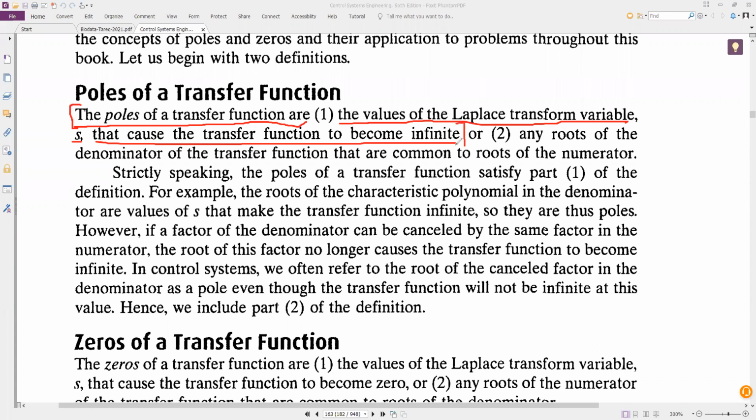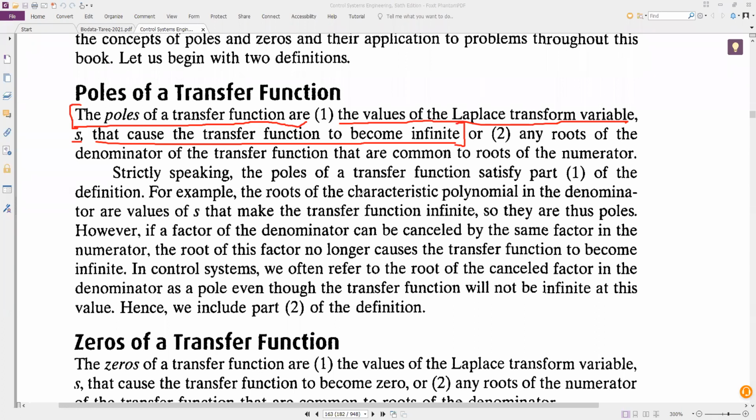Please note this definition. The value of s for which the transfer function becomes infinite is known as the pole.